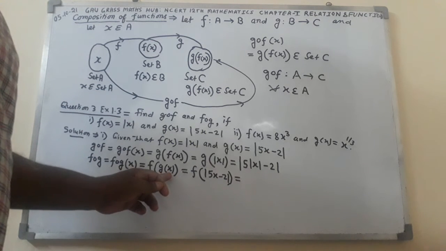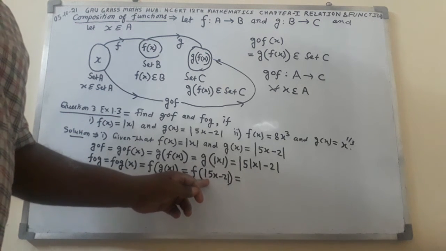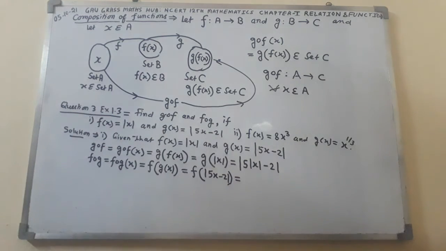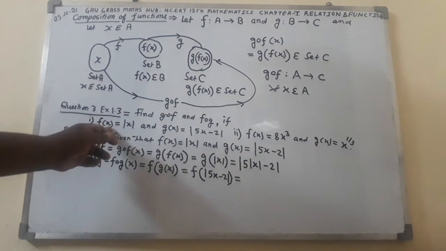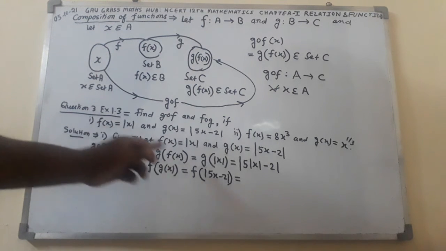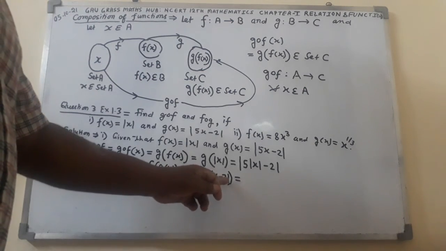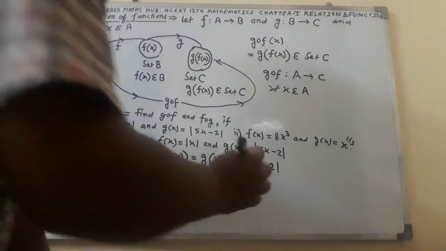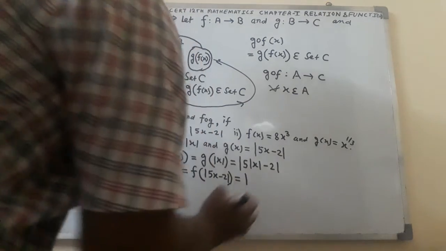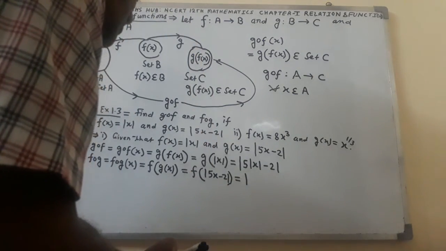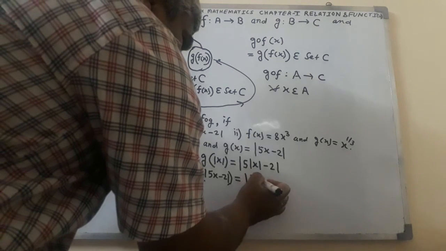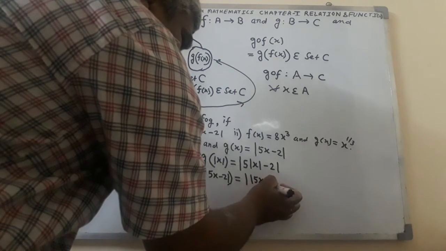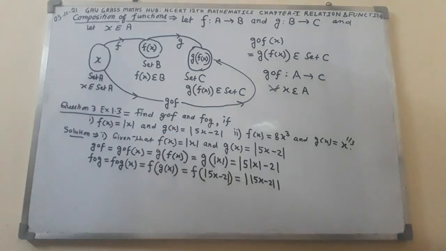In place of g of x, I shall write mod 5x minus 2 mod. So here in place of x, we shall write mod 5x minus 2 mod.